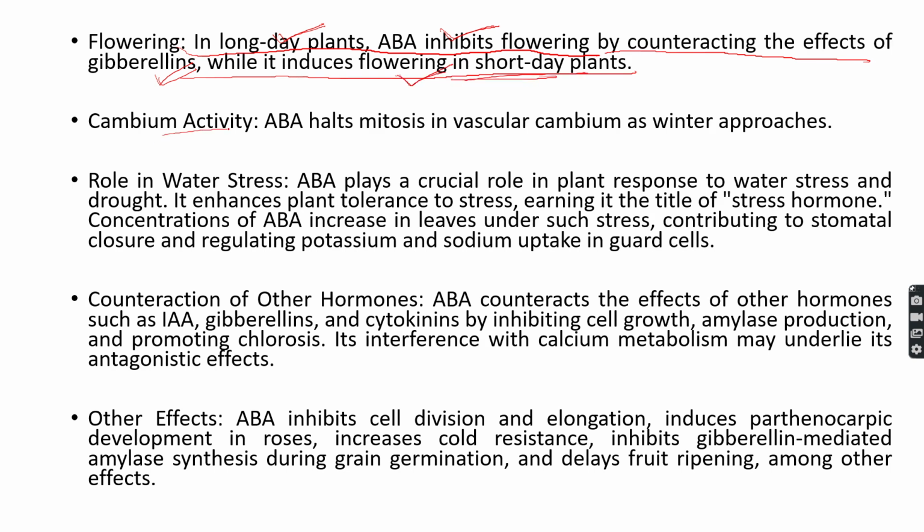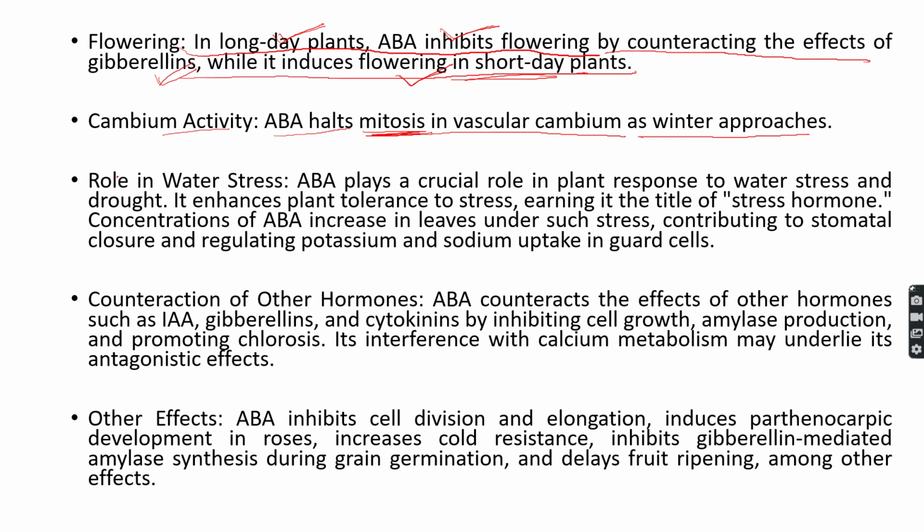Okay, next is cambium activity. ABA halts the mitosis in vascular cambium as winter approaches. That means it will reduce or stop the cambium activity by inhibiting mitosis in the vascular cambium.